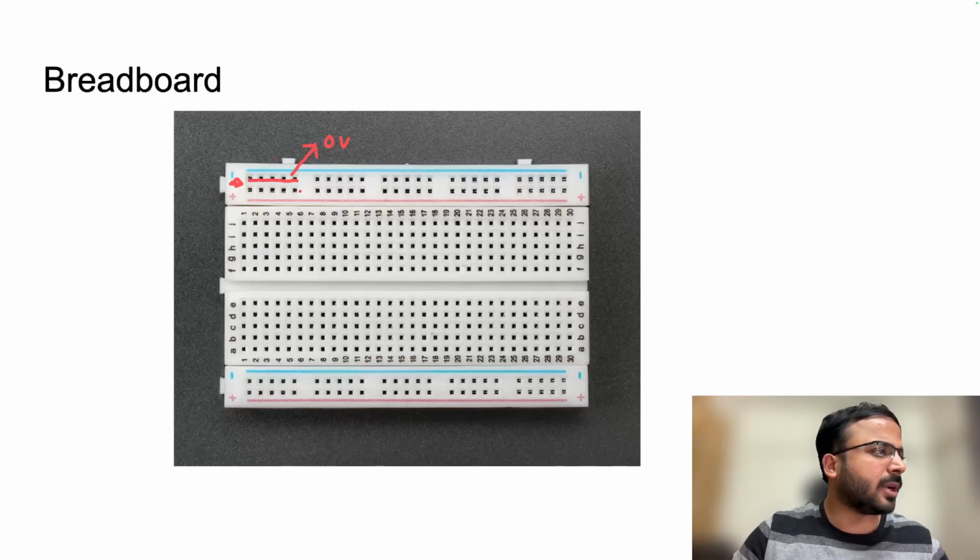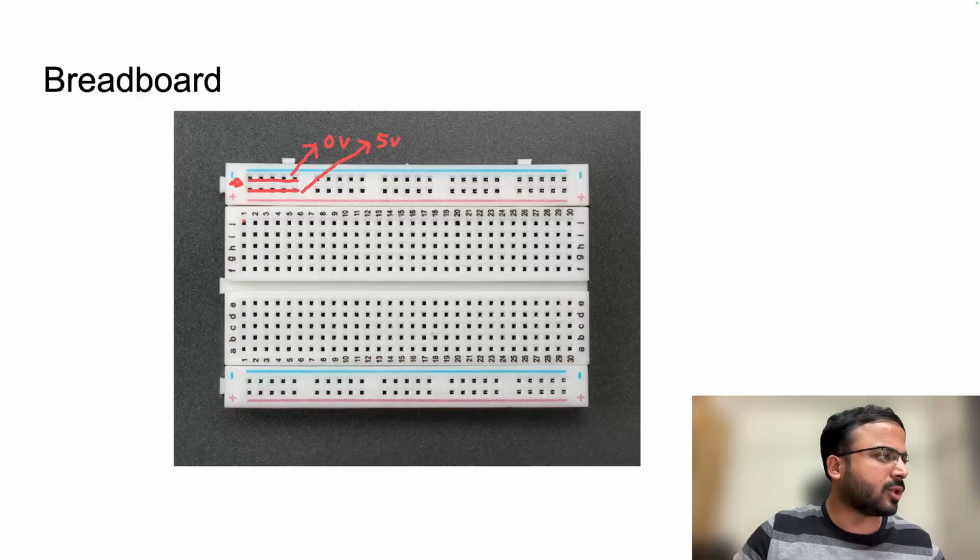And this particular plus row, we normally connect it at 5 volt, right? So now you have a 5 volt row and you have a 0 volt row. You can take the wire and connect to here.